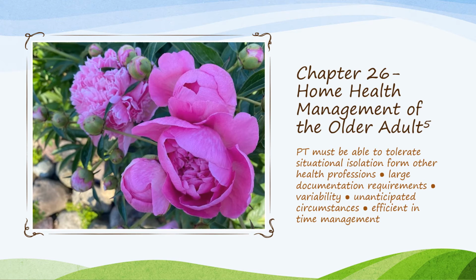Chapter 26 is on home health, and the PT needs to be able to tolerate some situational isolation. They need to know that there's going to be large documentation. There's going to be unexpected circumstances, a lot of variability, and must be efficient in time management.